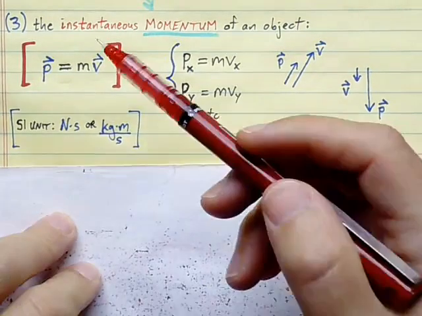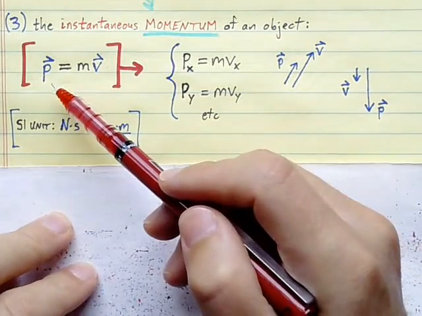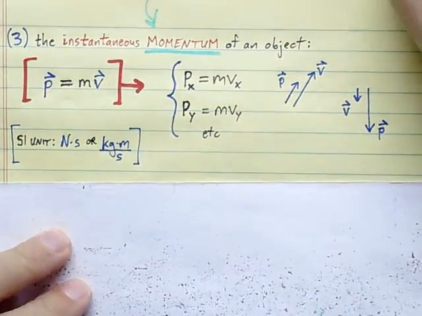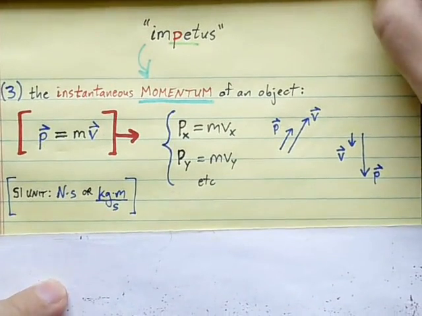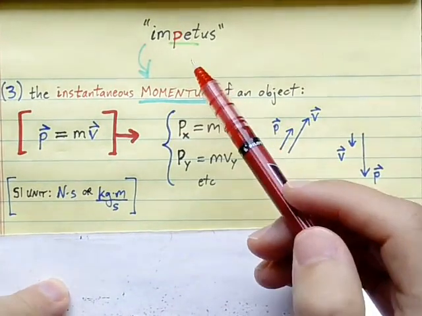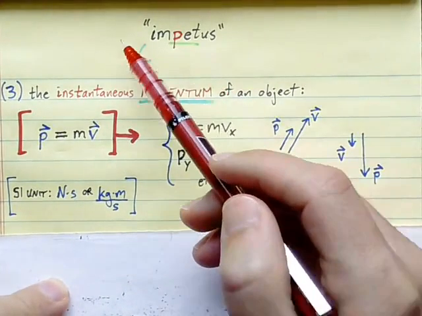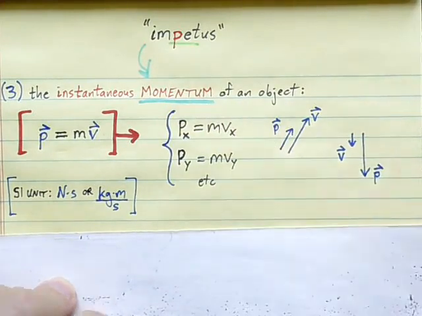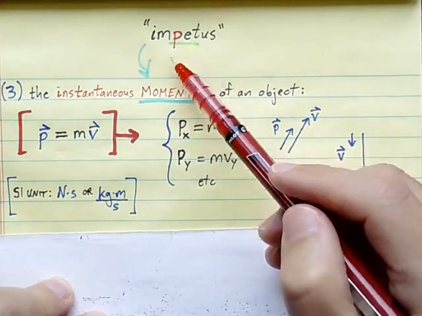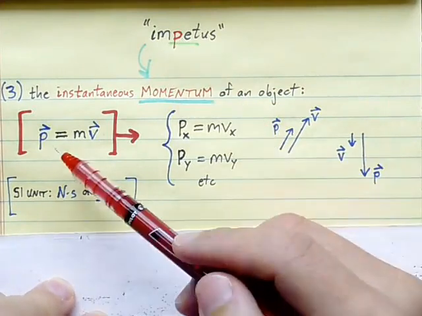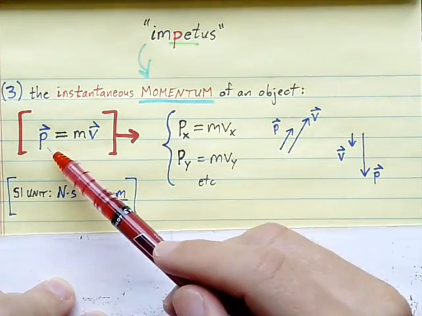Incidentally, why the letter P for momentum? Well, an older term for momentum that comes from the Latin is impetus. And that P there in impetus eventually became the P that we commonly use to represent momentum.